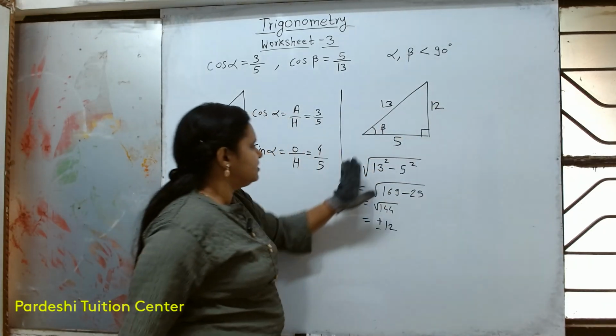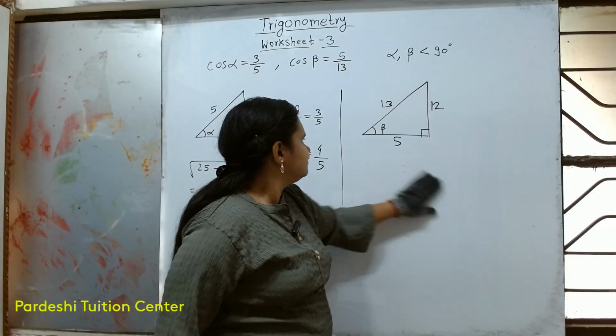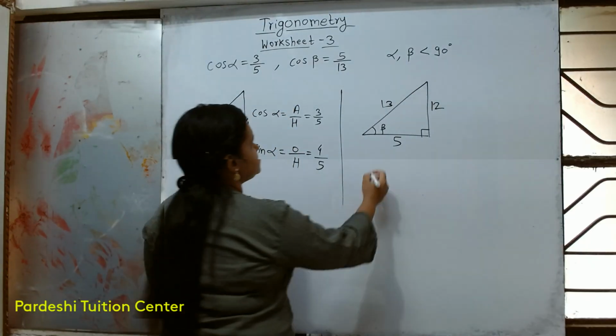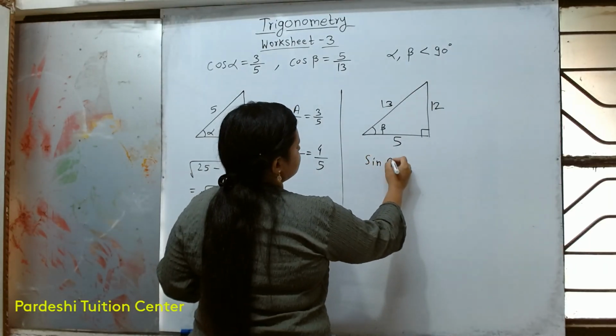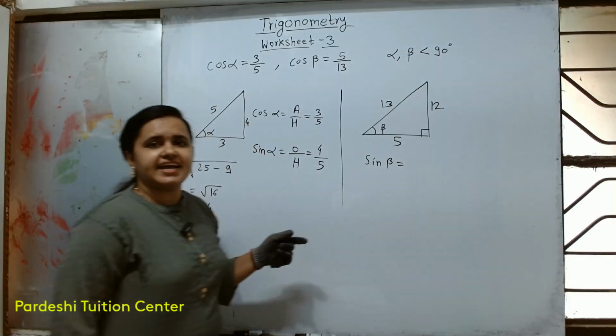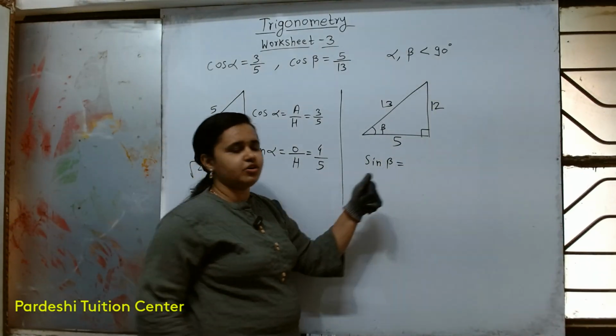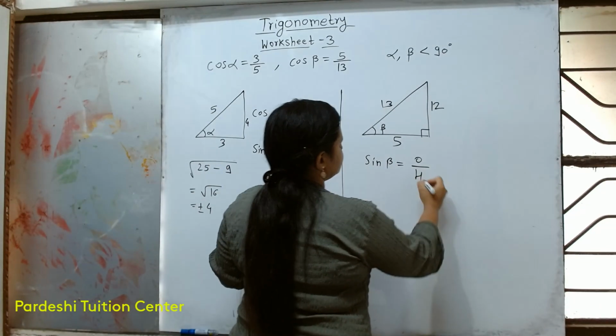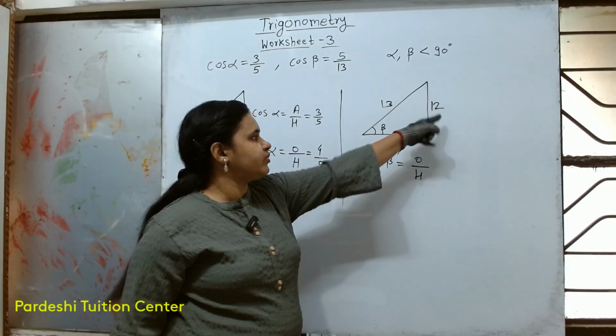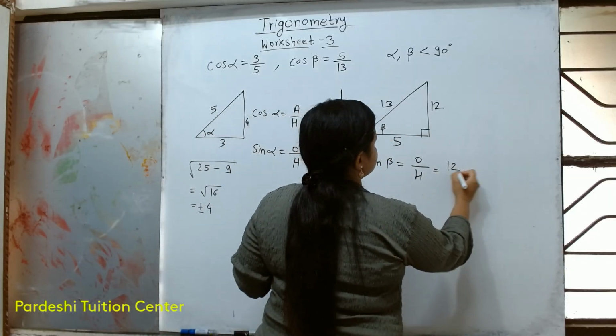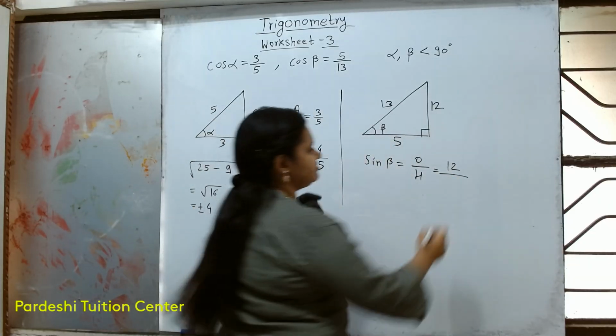Now, from this we can calculate sin beta. What is the ratio for sin beta? It is opposite upon hypotenuse. So, opposite side of beta is 12 and hypotenuse is 13.